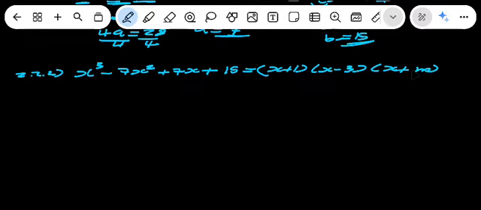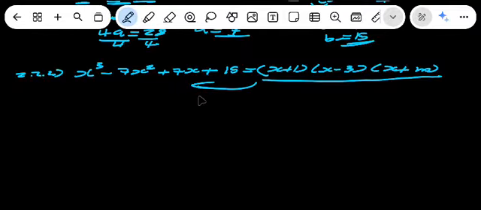These are the factors. So that means if I multiply this, it must give me this thing. But now I have to compare. What I'm trying to say, you simply distribute these things until you have something which has a cubic.